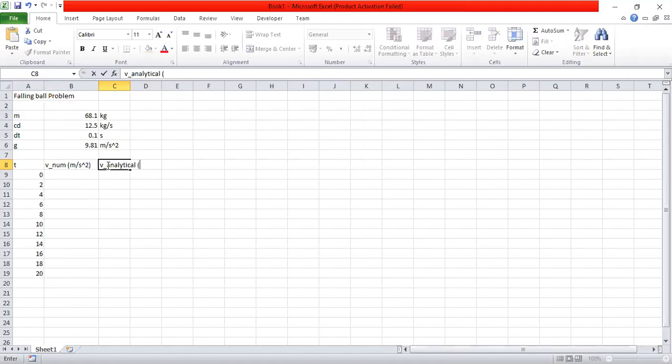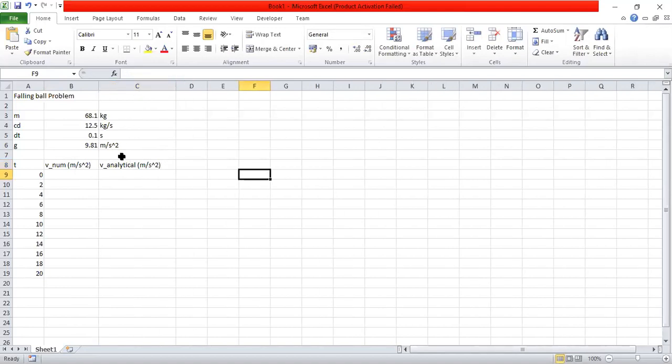The unit is m/s. So now I have these parameter values, and I want to solve it using both the numerical solution and the analytical solution.